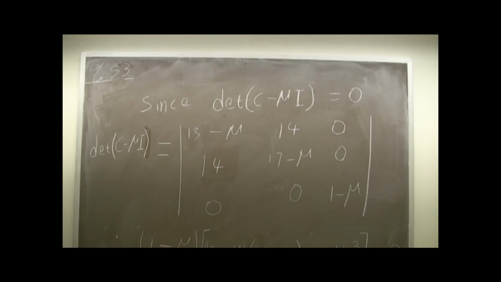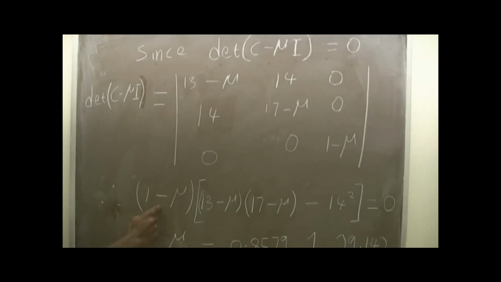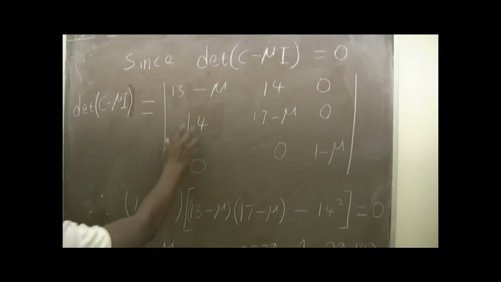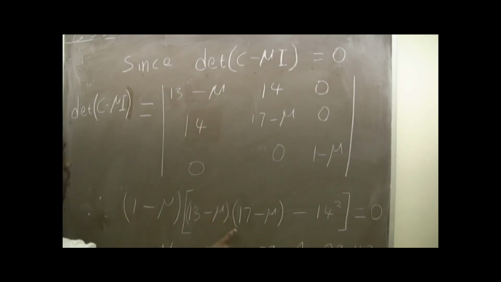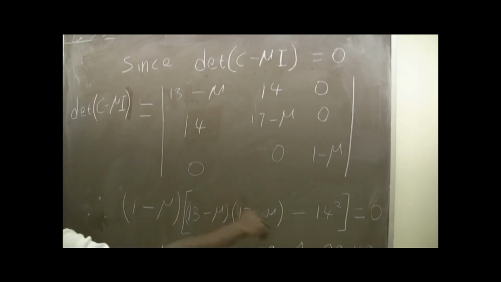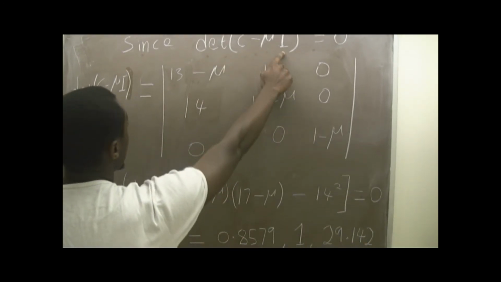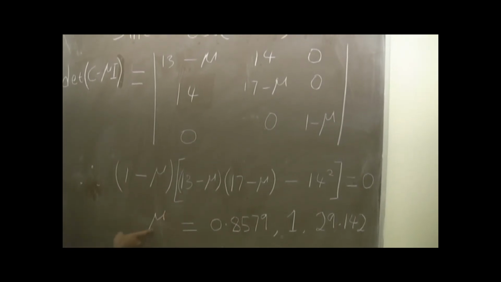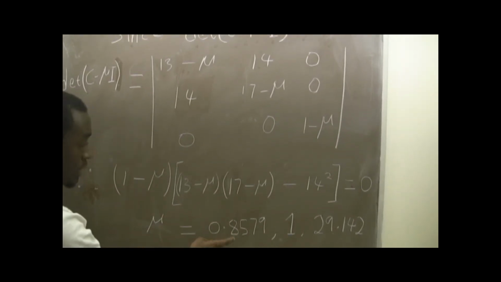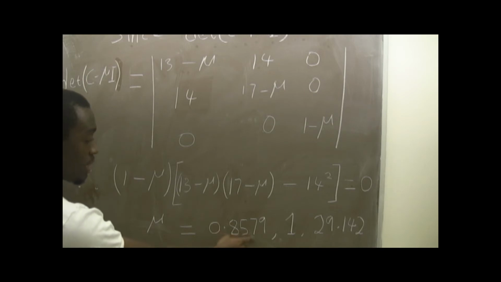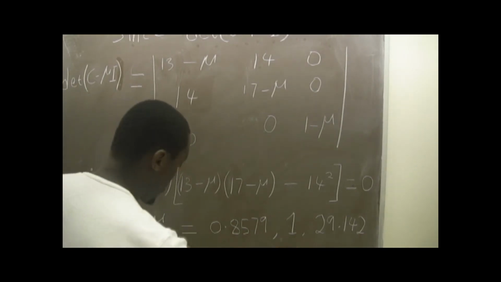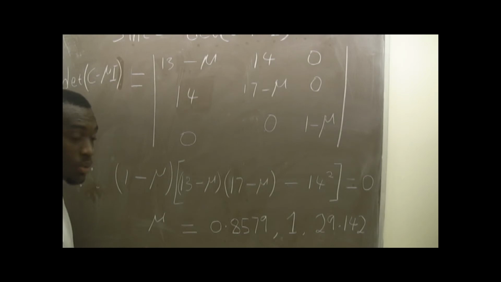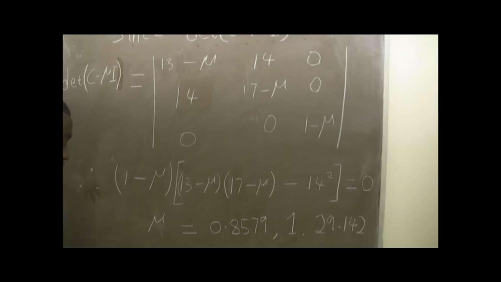That gives us (1 minus mu)(13 minus mu)(17 minus mu) minus 14 times 14 equals 0 according to this equation. After solving this equation, we get mu to be the values of 0.85791 and 29.142.